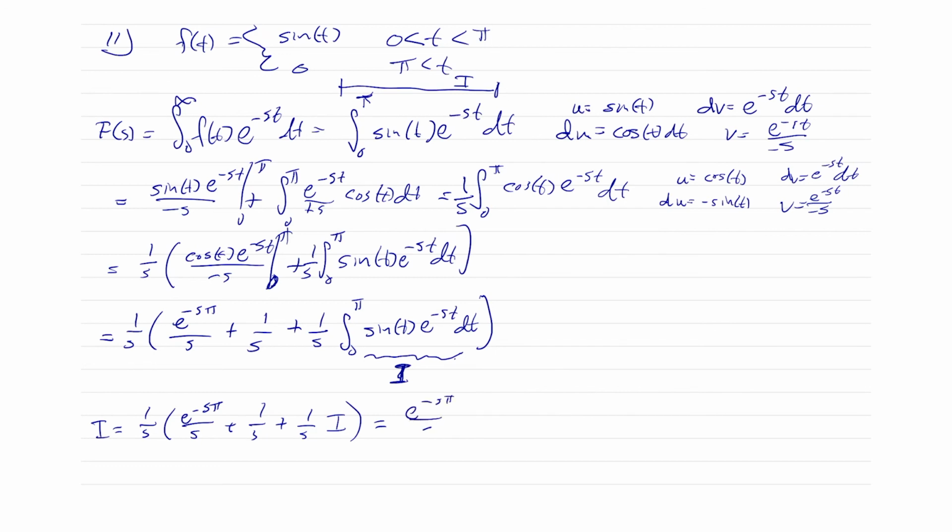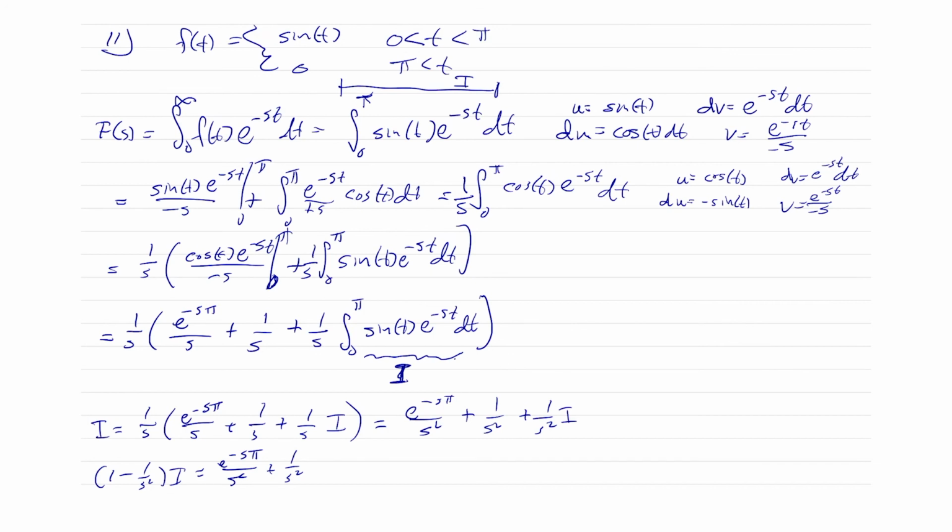So we get 1 over s squared plus 1 over s squared times I. All right, and now if I move the I's over, I get 1 minus 1 over s squared times I is equal to e to the minus s pi divided by s squared plus 1 over s squared.